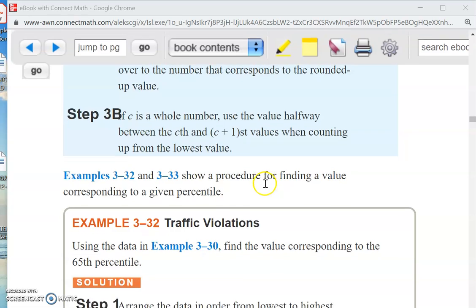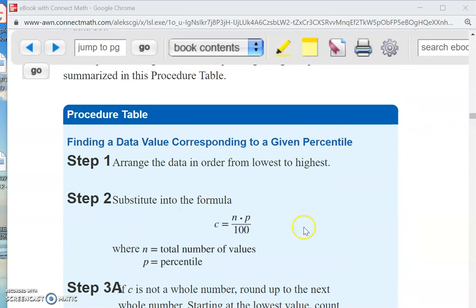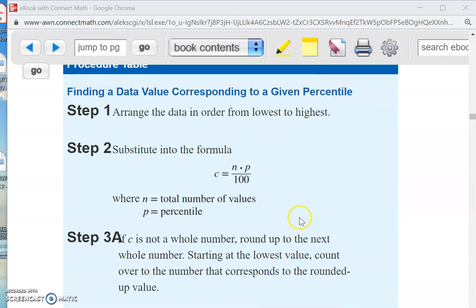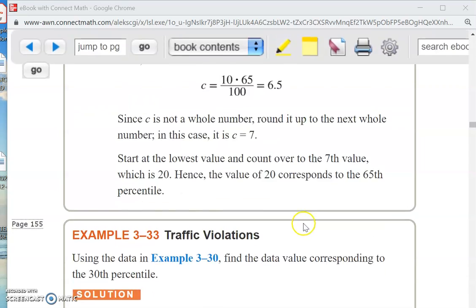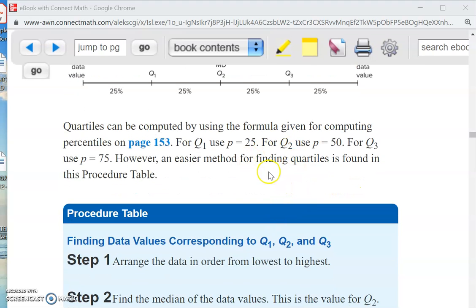So it's the same formula as we did before. That's the procedure table on page 154 of the printed textbook. All right, so now let's bounce back down here. So this is wrong. It's not 153, it's 154. Okay, so you could do it that way. That certainly would be legitimate.